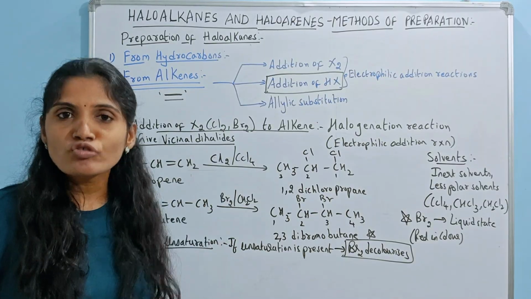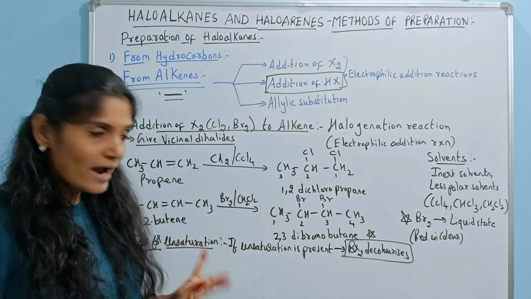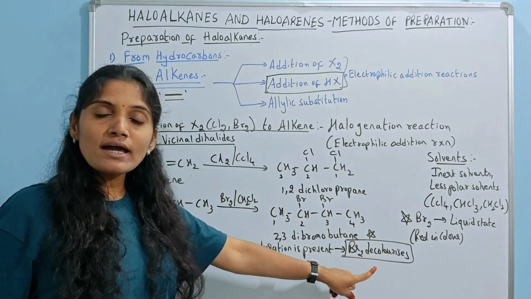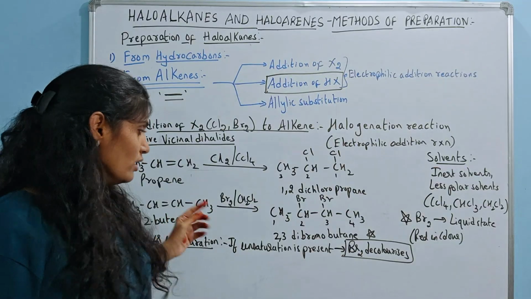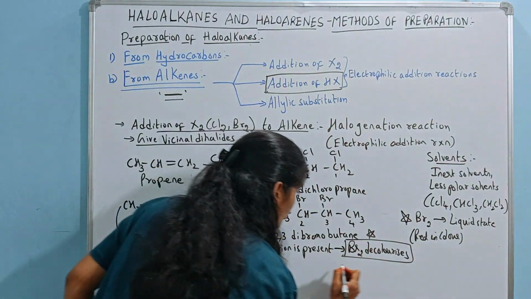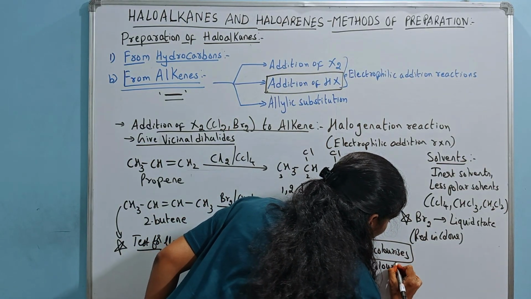If unsaturation is not present, bromine will not get added onto the double bond, so bromine will still remain red. If bromine is getting decolorized, it means bromine has got added onto a double bond. That is the reason if unsaturation is present, bromine decolorizes. The color change is from red to colorless.